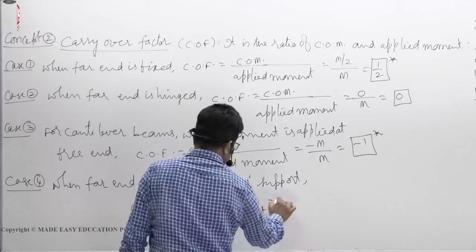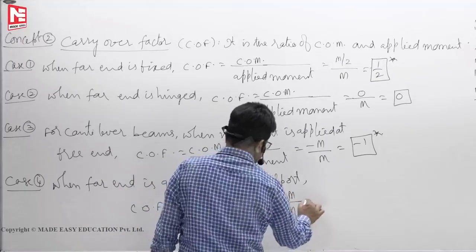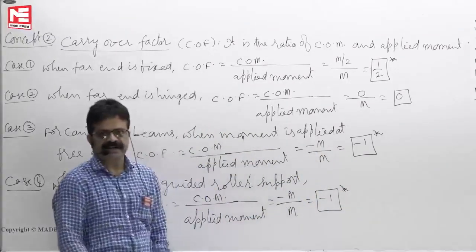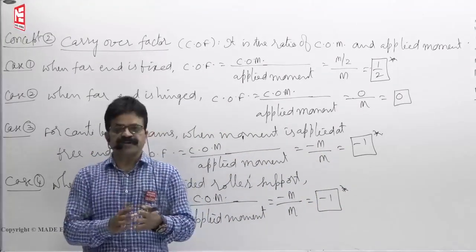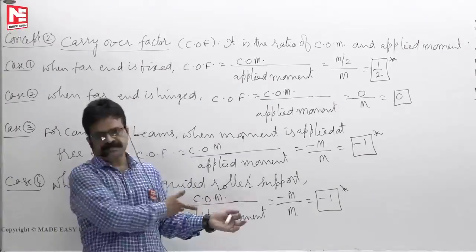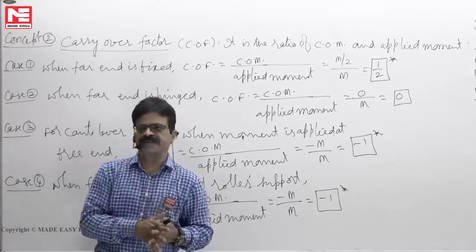This is also carryover moment, just now I told you, minus M by M, because both of them are identical. Other than the support conditions, the deflection profile is the same, the moment is the same, so the same carryover factor also we will get.